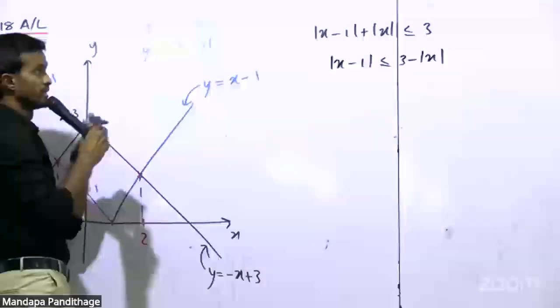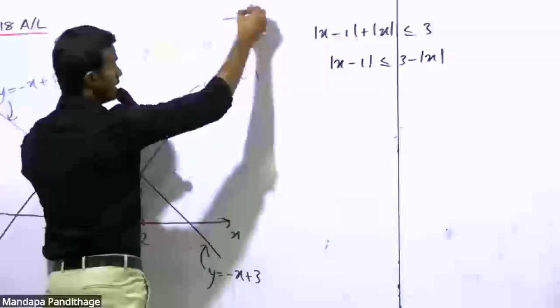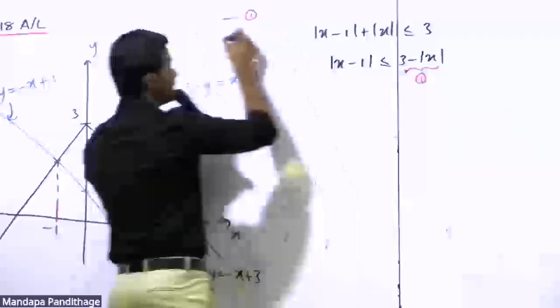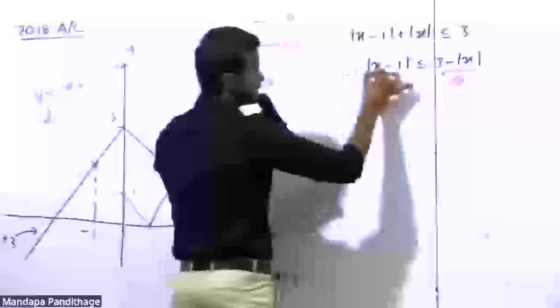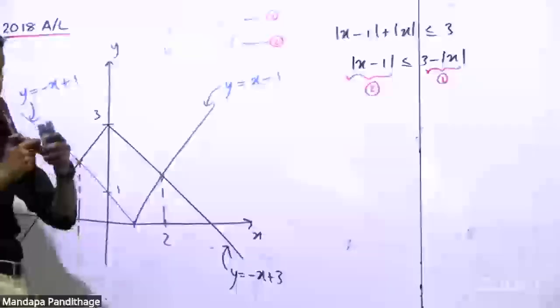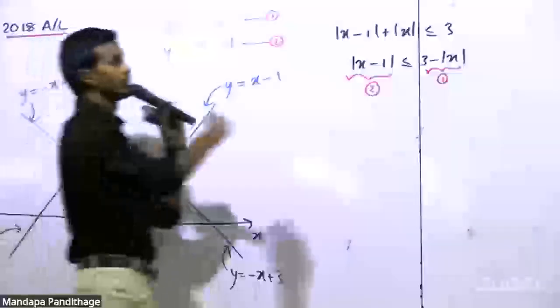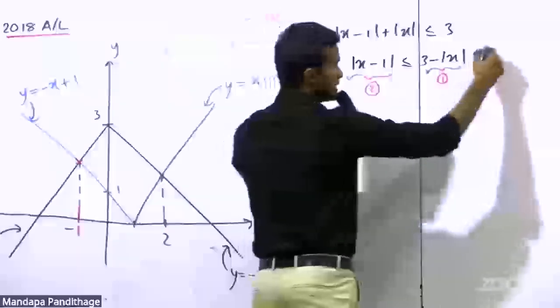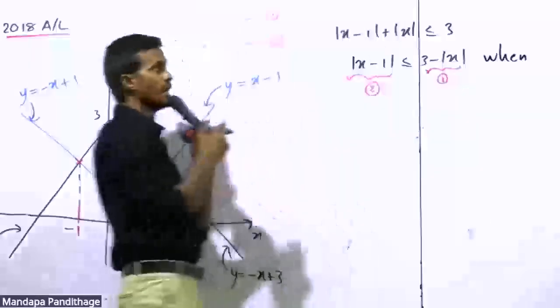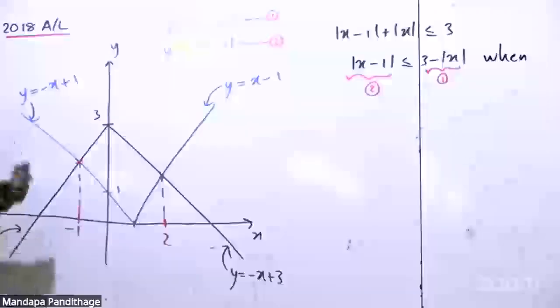So now if you take this as one, on the right hand side you have this first function, and this as two, on the left hand side you have the second function. Clear? So you have to do that rearrangement. And then you can write, okay, this happens. This is when modulus x minus 1 is less than this. Now look at the graph.